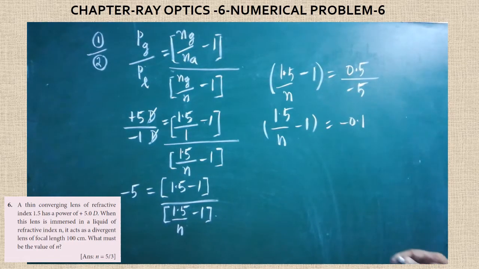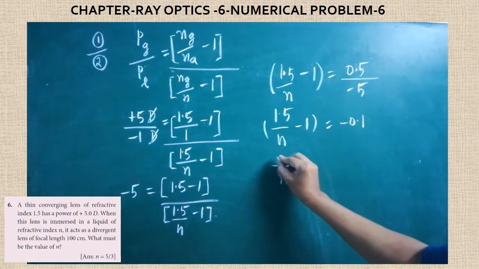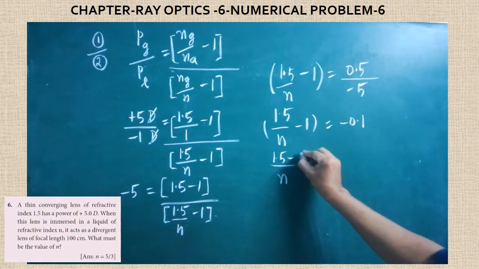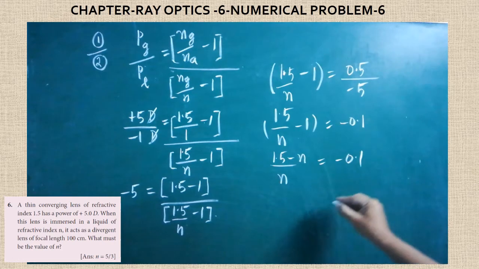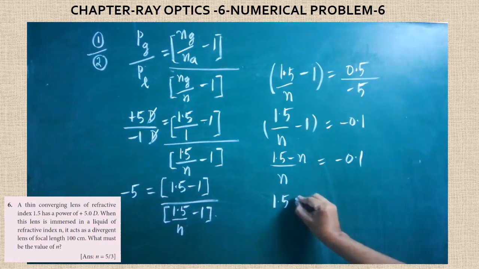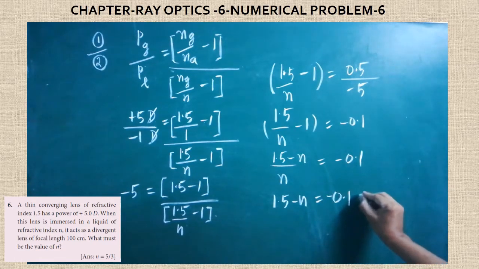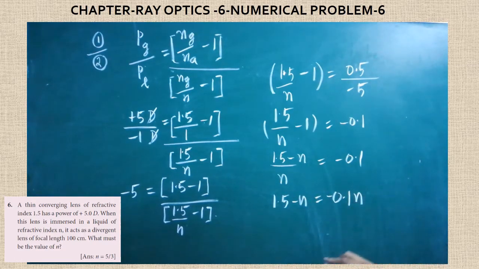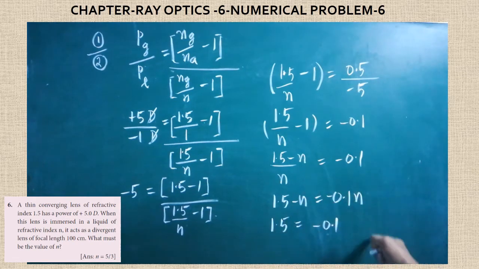How will you convert? Very simple one. Here we have to take LCM. So N, 1.5 minus N can be written, which is equal to minus 0.1. 1.5 minus N is equal to minus 0.1 into N. We can write like this, and then bring all N factors to one side. 1.5 is equal to minus 0.1 N. If it is brought to this side, what will happen?